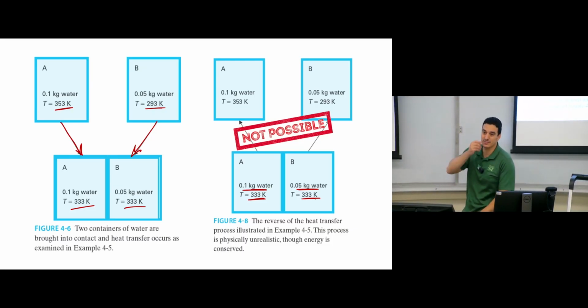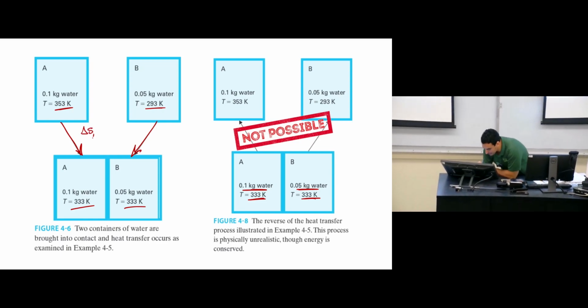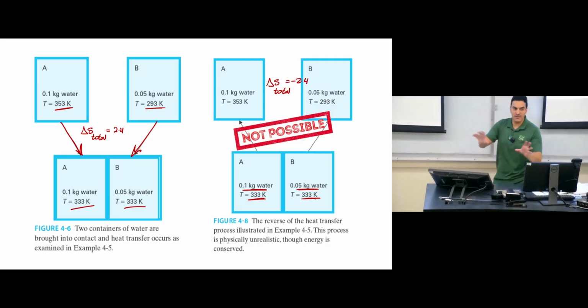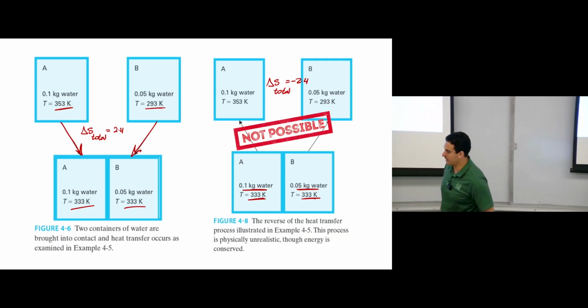So this is the description of the second law of thermodynamics. If you calculate delta S total for the process we calculated now, this will be 2.4. For the reverse process, delta S total will be negative 2.4. They have the same entropy change magnitude, but this one is negative, so this process is not possible. Clear?